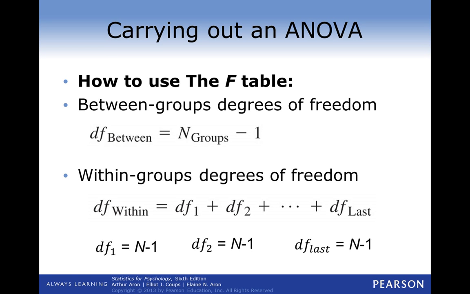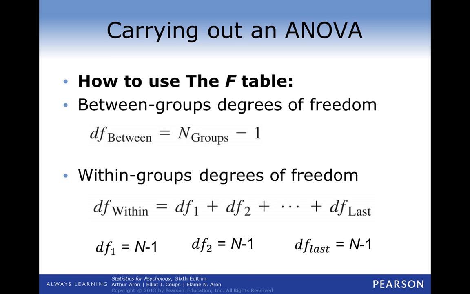So in our example, we had 5 participants in each group. 5 minus 1 for the first group is 4. 5 minus 1 for the second group is 4. 5 minus 1 for the third group is 4. 4 plus 4 plus 4 is 12. So our degrees of freedom between is 2, and our degrees of freedom within is 12.